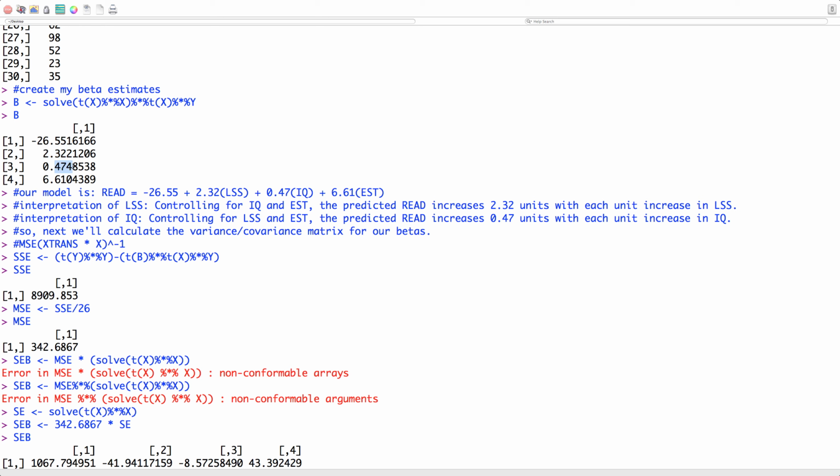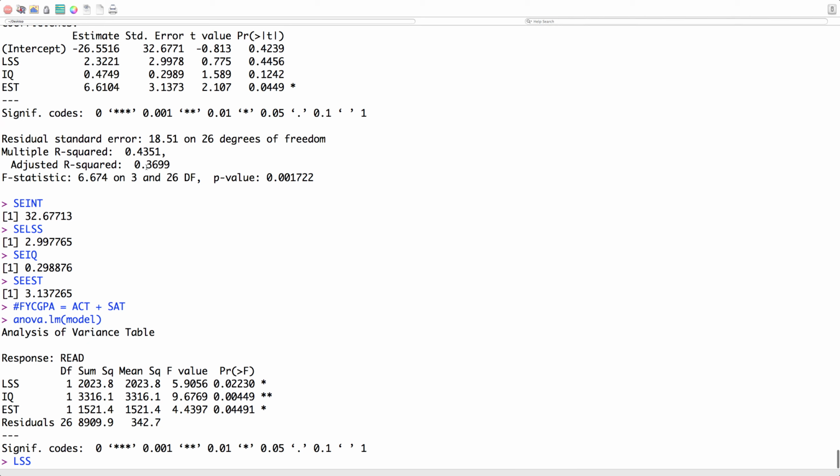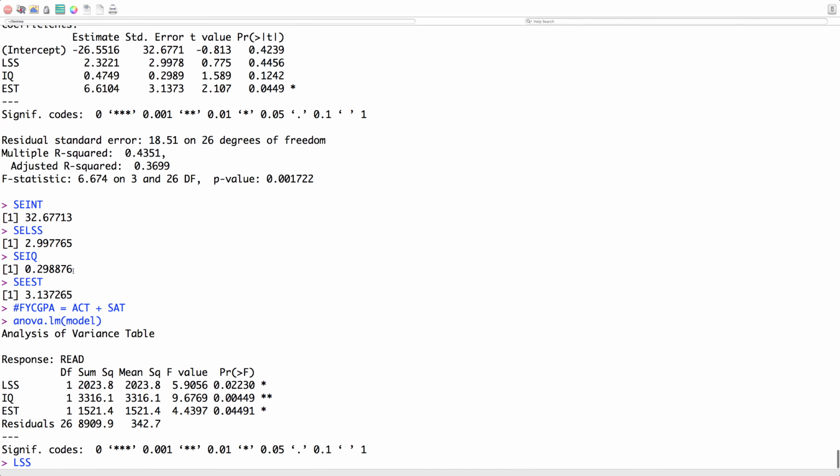So 0.475 was the beta estimate. And we saw that we could find the standard error for IQ to be 0.29. Well, let's just call it 0.299.